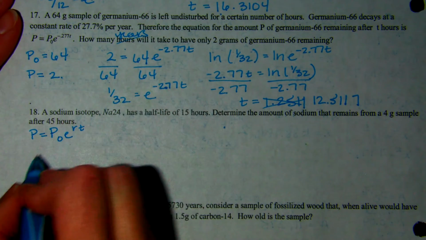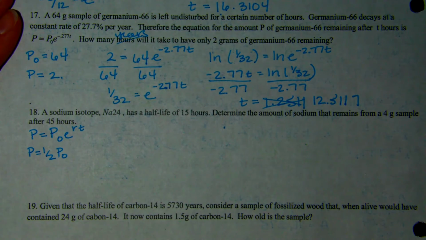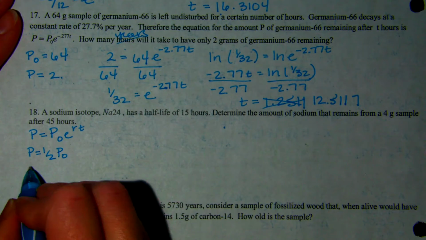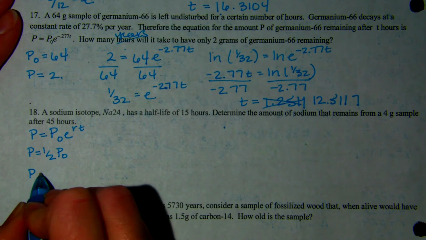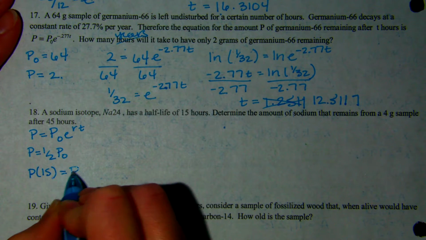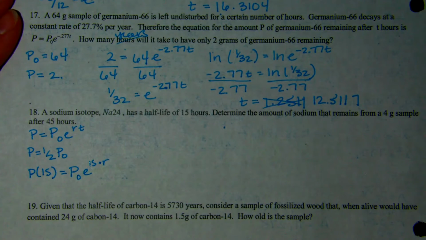So if we're talking about half-life, our final amount is 1/2 the initial amount. Okay, and we know that final amount happens at 15 hours. So that's initial amount times e to the 15 times the rate at which we lose the sodium isotope.